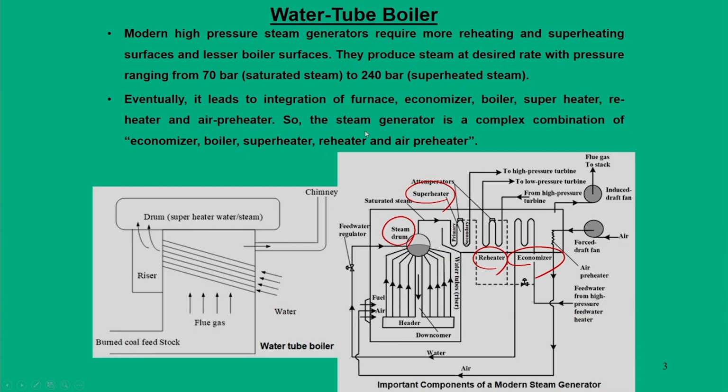The steam generator is an integration of different components like the furnace, economizers, boiler, superheaters, air reheater and air preheater. Our main goal in this lecture is to focus mainly on the superheater part.